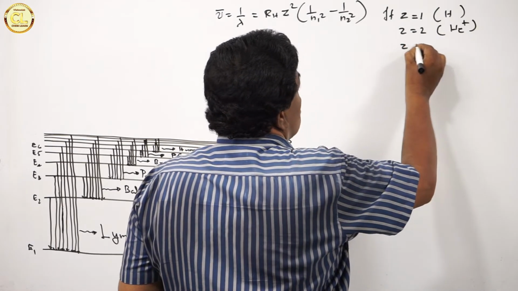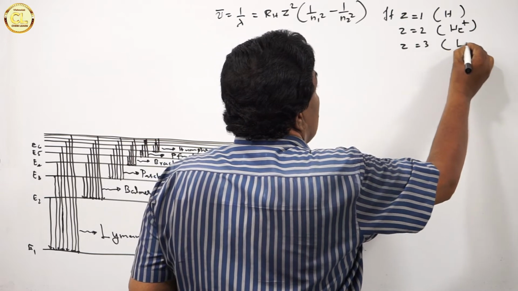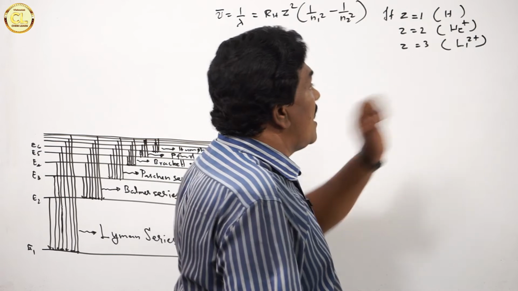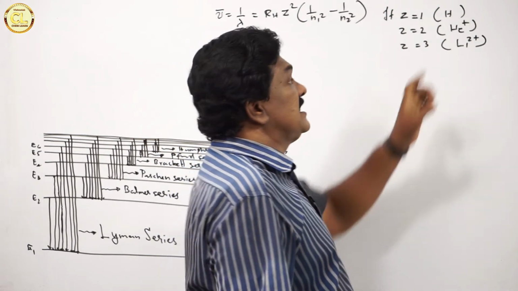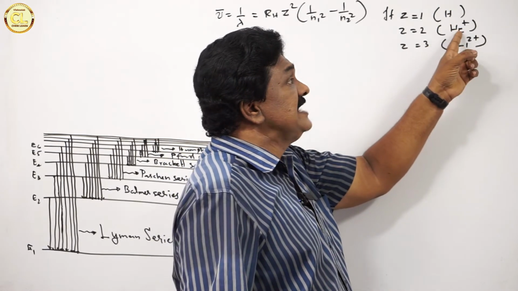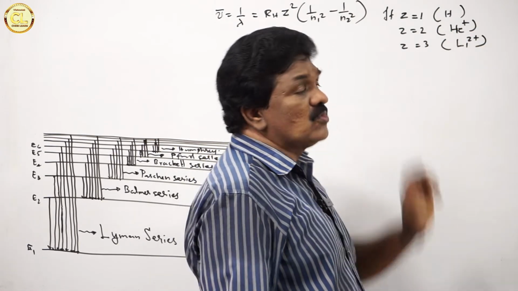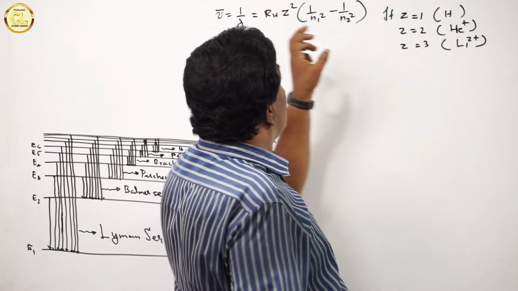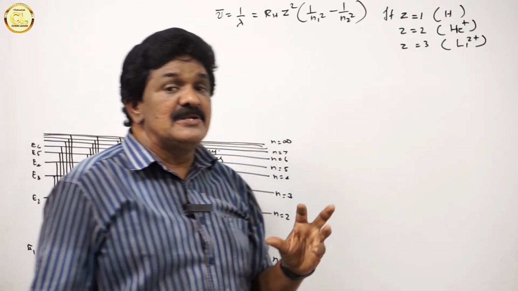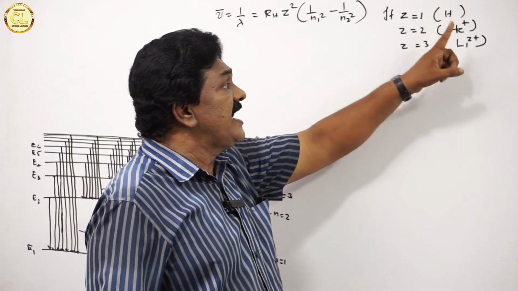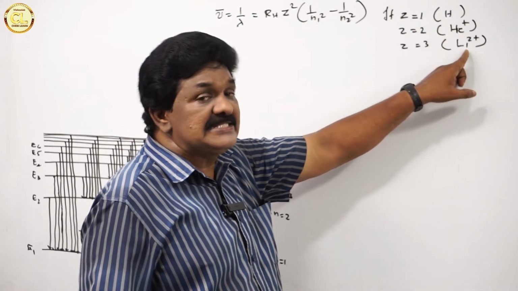If Z is equal to 3, it's for Li2 plus. See, such species are single electron systems. Hydrogen has 1 electron, He plus has 1 electron, Li2 plus has 1 electron. So, the Rydberg relationship is applicable to spectra of single electron systems like H, He plus, Li2 plus, etc.